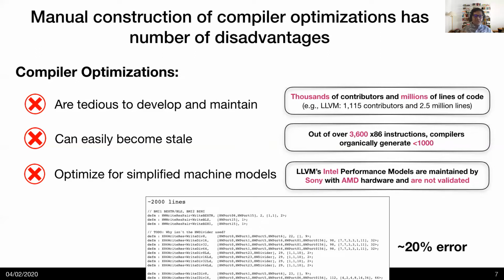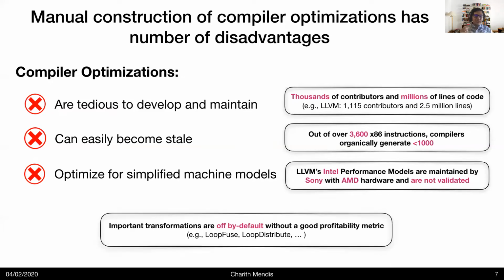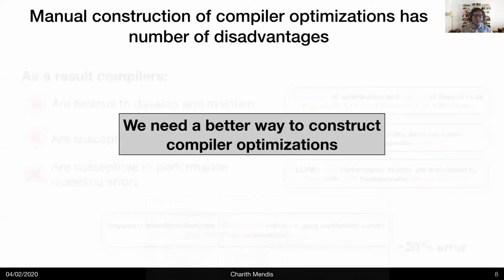And our studies show that this performance model has an error of almost 20%. So compiler writers do not trust these performance models. And most of the important advanced compile optimizations are turned off by default without a good profitability metric. With all of these problems, I suggest that we need a better way to construct compiler optimizations.